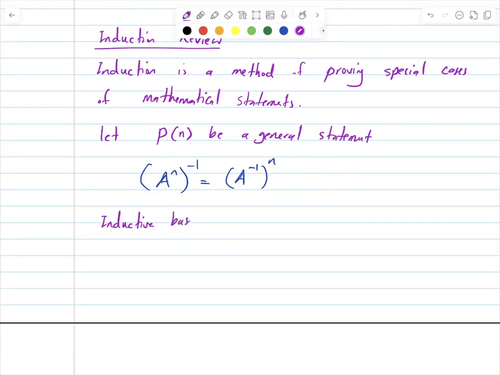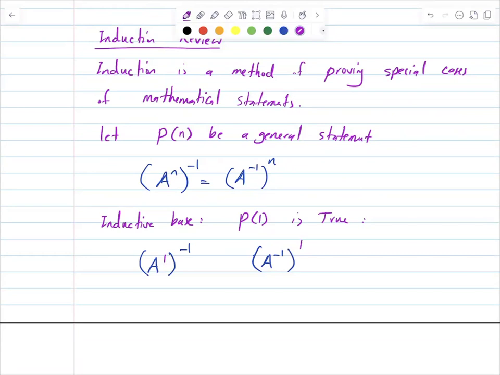In the base case, you're going to prove this equality for a simple case like n equals 1. So you're going to prove P of 1 is true. In this case, you're going to say that A to power 1, inverse, is the same as the inverse of the matrix raised to power 1.